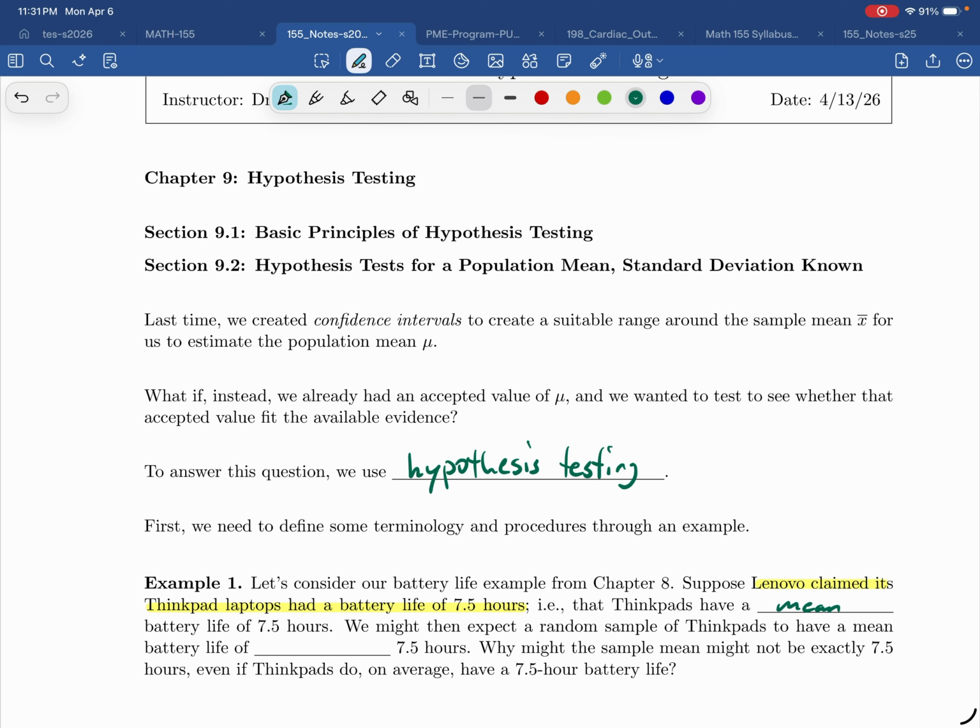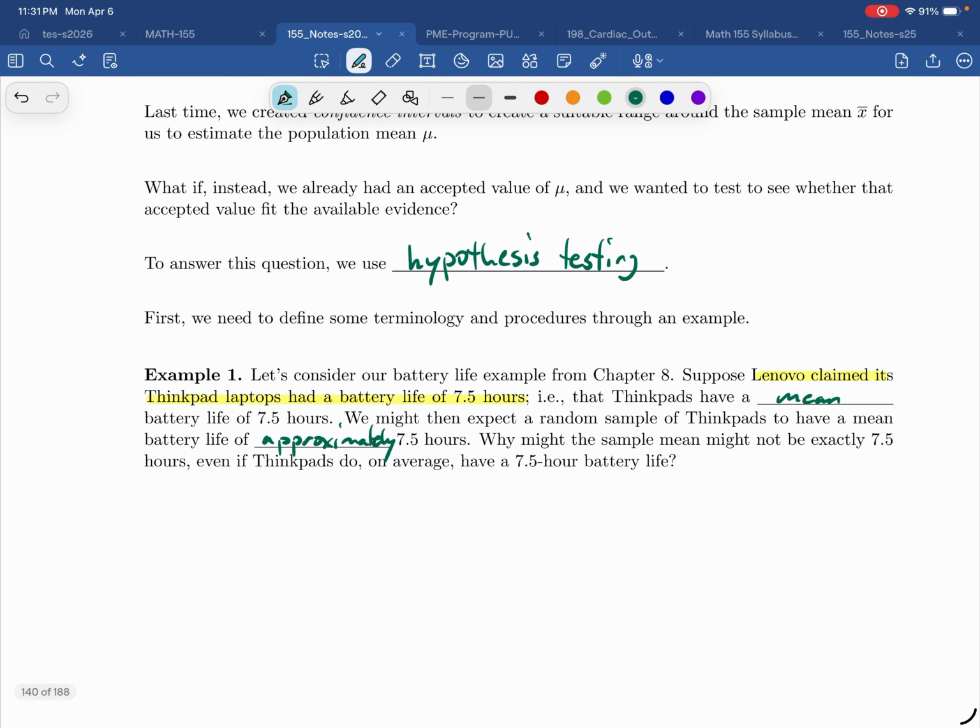So then we would expect a random sample of ThinkPads to have a mean battery life of roughly or approximately 7.5 hours. Right? Now, why might it not be exactly 7.5 hours in a random sample?